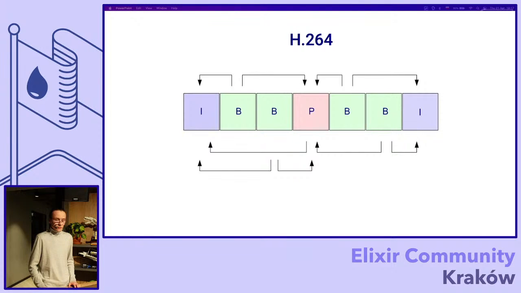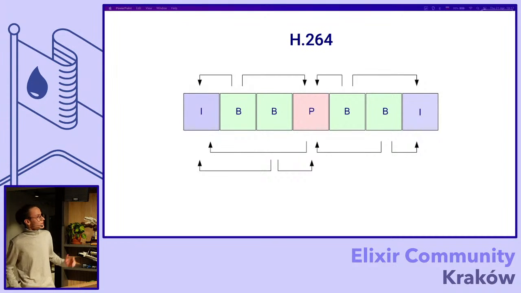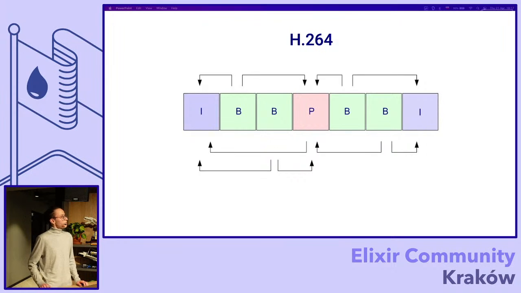We have P-frames. These frames predict their state on the basis of the previous frames. As you can see in this picture, P-frames only rely on the past frames, on the past I-frames or some other frames. And we have B-frames, which can use both previous and future frames to predict their state.